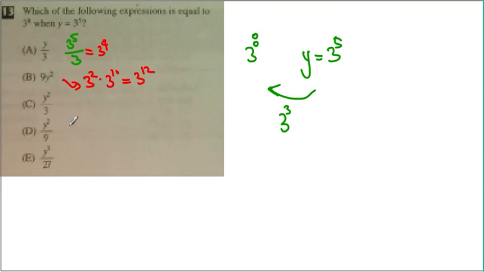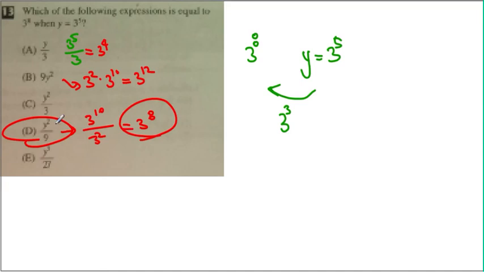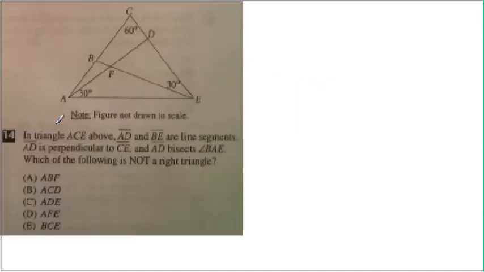Likewise, you can check all of them, but the best answer seems to be choice D, because y squared becomes 3 to the 10th power divided by 9, which is 3 squared, which will result in 3 to the 8th power. So our answer will be choice D. Alright, let's look at number 14.